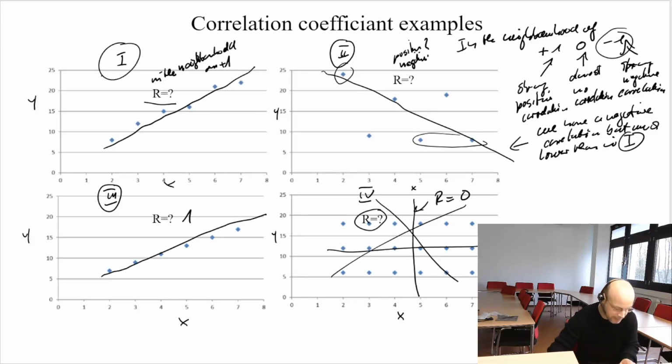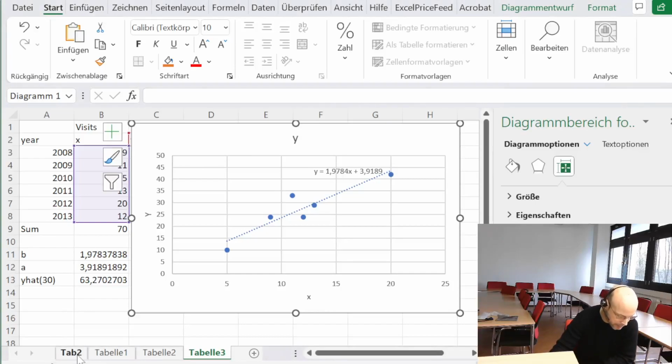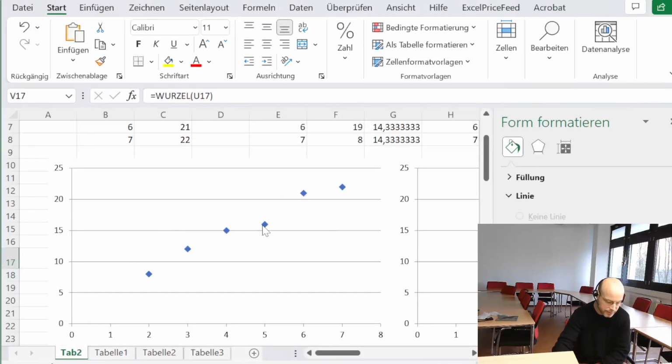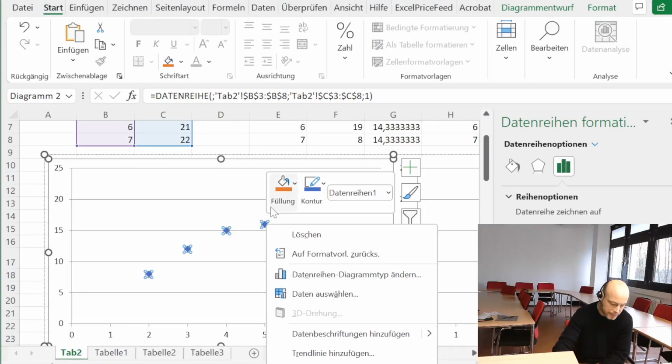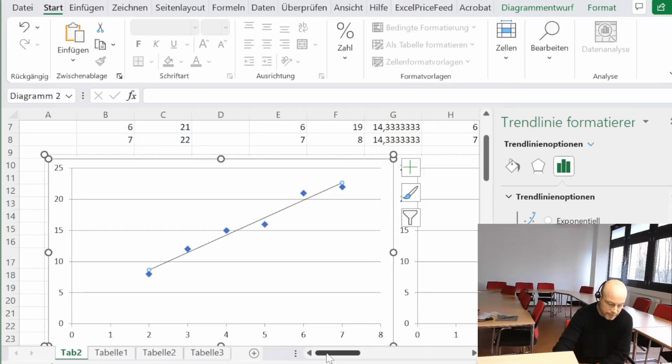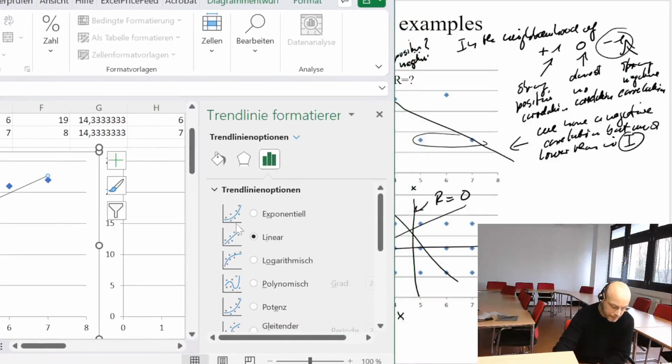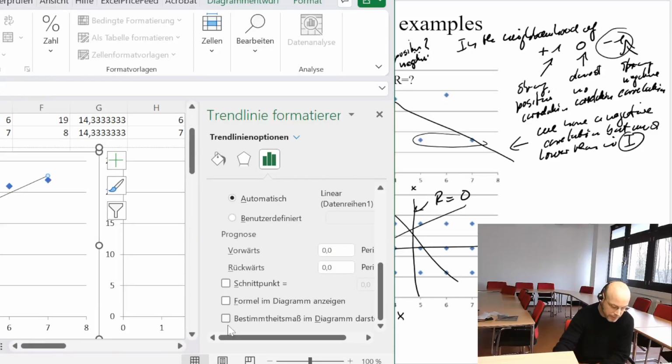But let's have a look directly at our data, and I brought it to you here. This is the first example, the same example as we have in our example. We already talked about it. And if we again take this trend line, then you see here that you also have the option to show the coefficient of determination.